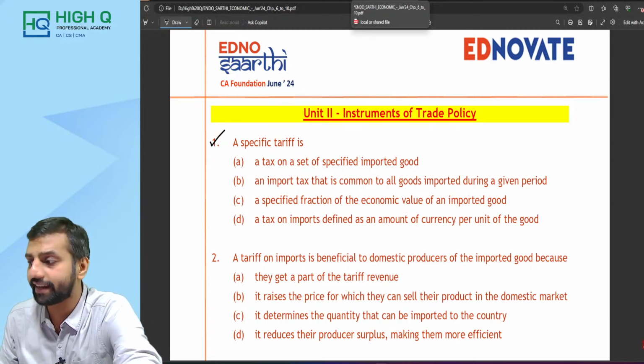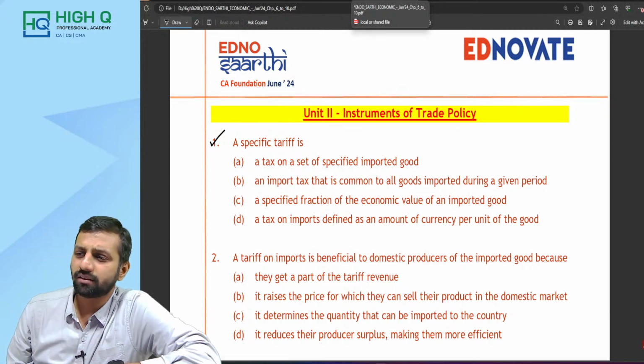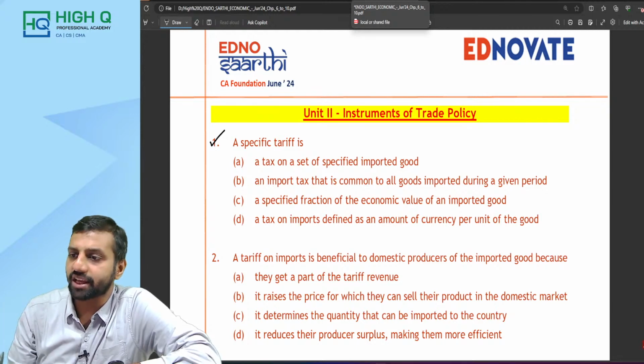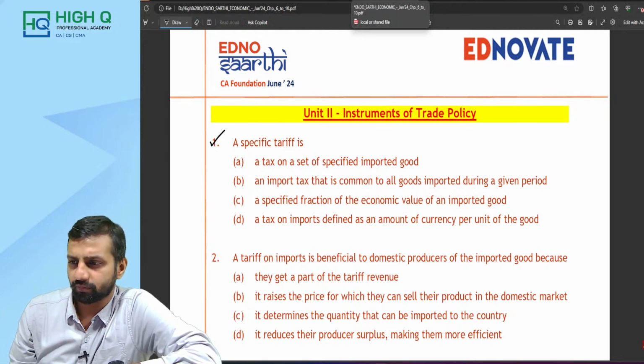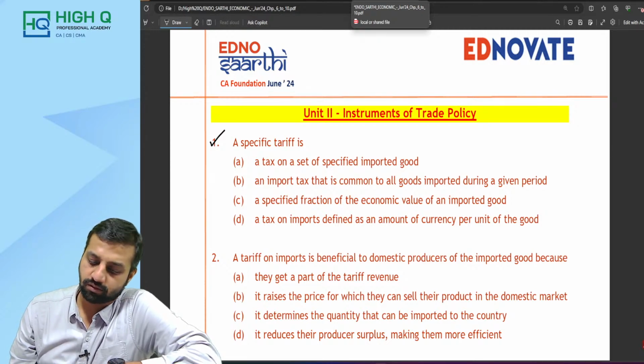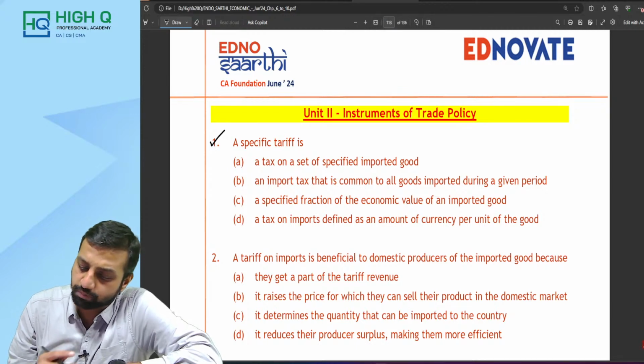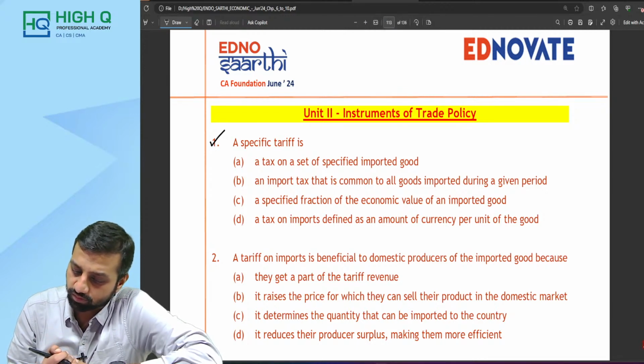Shall I go ahead? So a specific tariff is a specified... the answer I believe should be D.